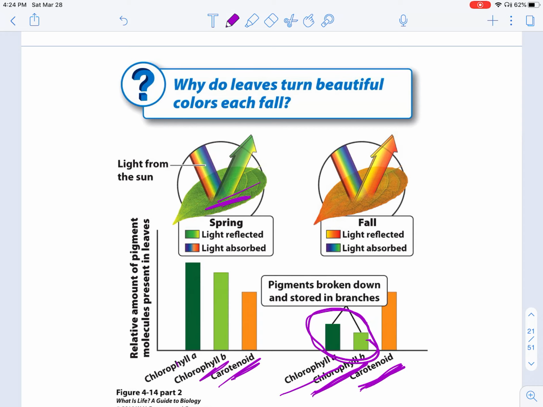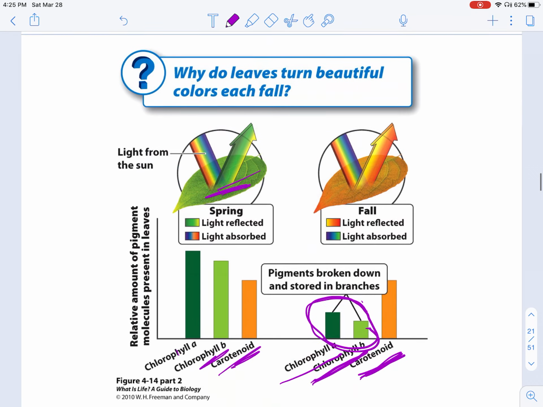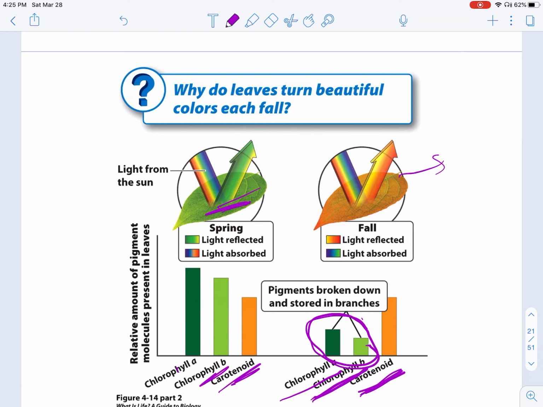And so what happens? The leaves change color. We no longer see just the green. You have relatively low absorbance of the orange and reds, and you get these beautiful fall foliage.